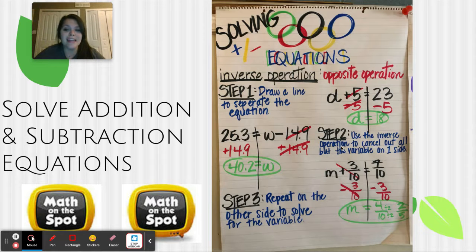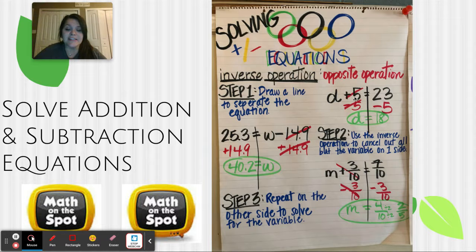Step 2 is use the inverse operation to cancel out all but the variable on one side. So let's go back to this. It says d plus 5 equals 23. The goal is always to get the variable all by itself. So since d is on the left-hand side, that's the side that I have to start with, because the goal is to get the variable all by itself on one side.